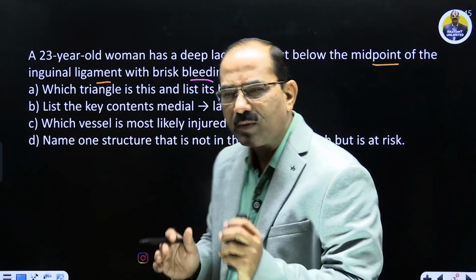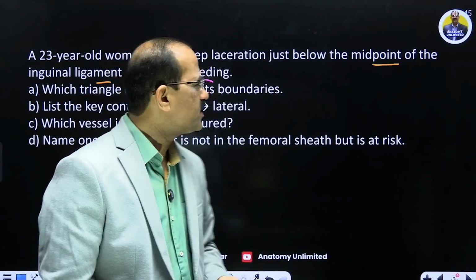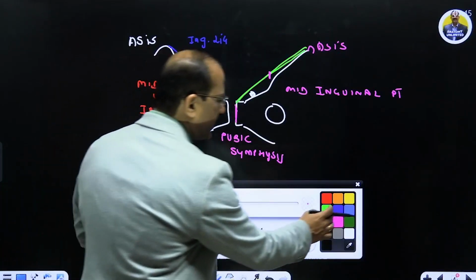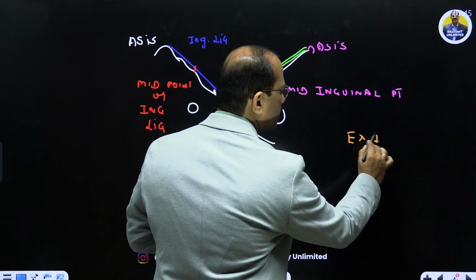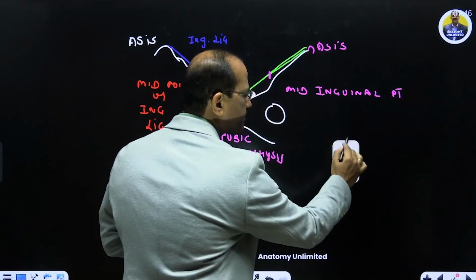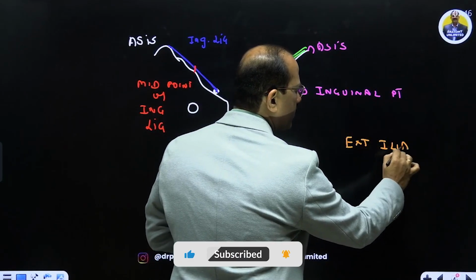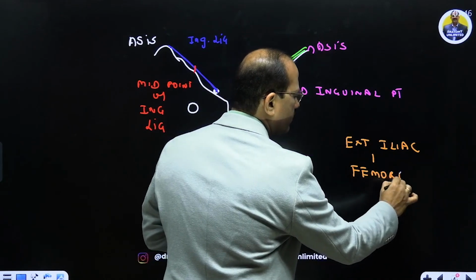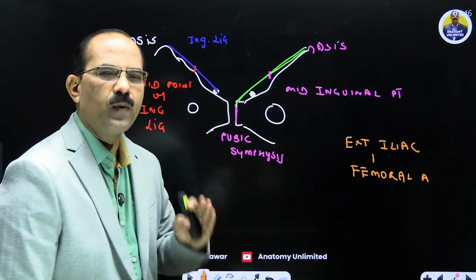And this femoral artery is a continuation of what? Anyone? This femoral artery is a continuation of external iliac. मतलब we have got this external iliac artery. External iliac continues as femoral artery below the inguinal ligament.